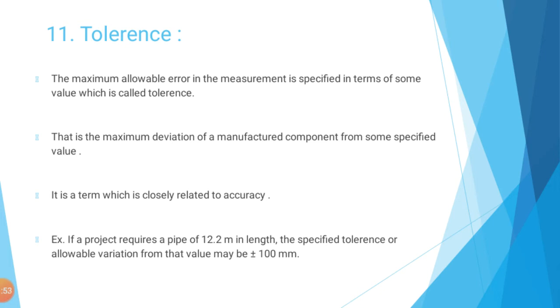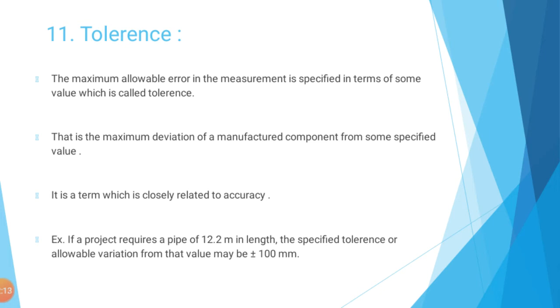That is, we know the plus minus 5% or plus minus 10% is the maximum allowable error in the resistance measurement. And this is the tolerance. We call these two values, plus minus 5% and plus minus 10%, the tolerance.